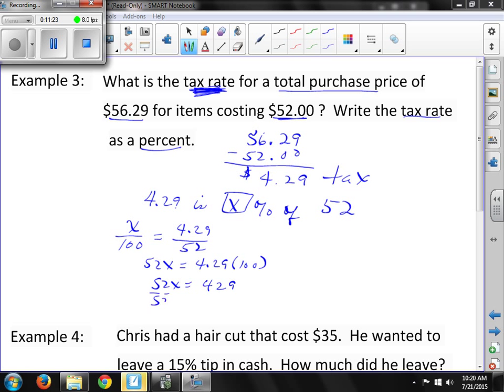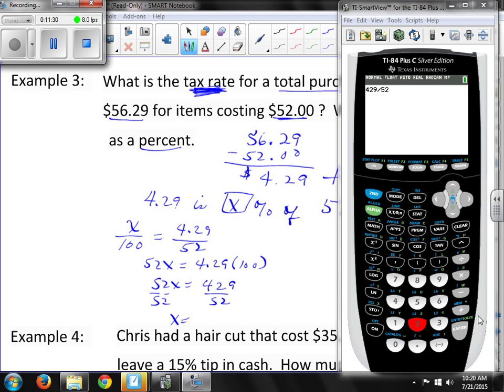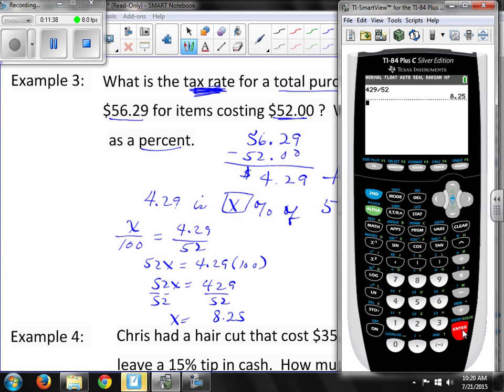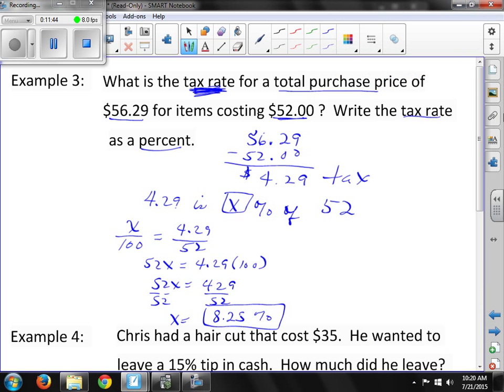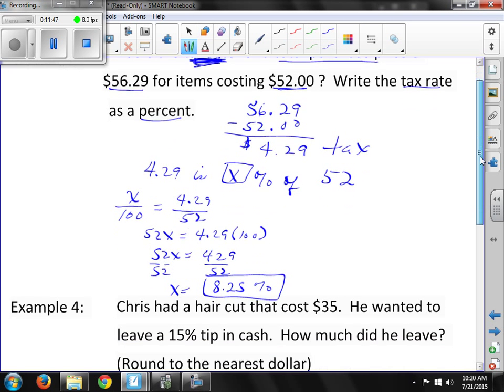And then if I divide by 52, I'll have x equal to, let's see, 429 divided by 52 will give us 8.25. So the tax rate would be 8.25%. That's pretty much what it is in Conway, Arkansas.